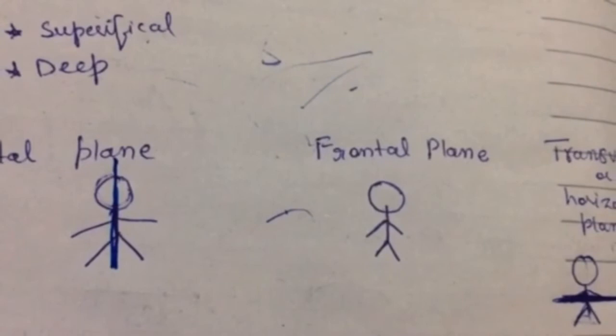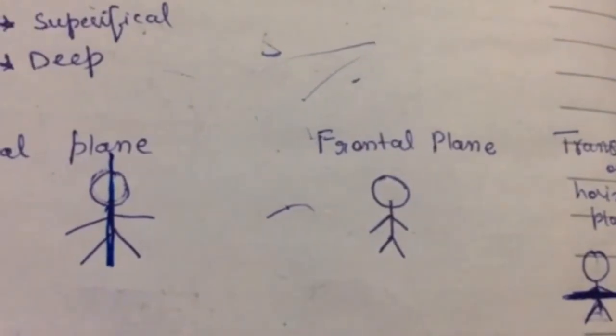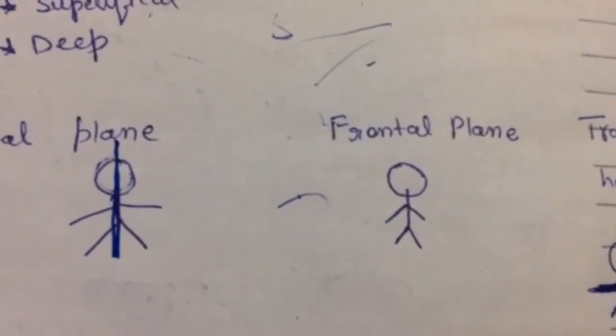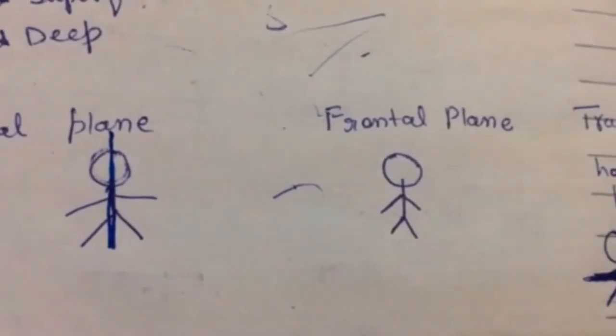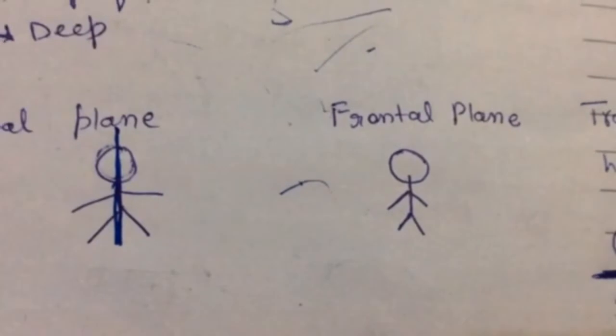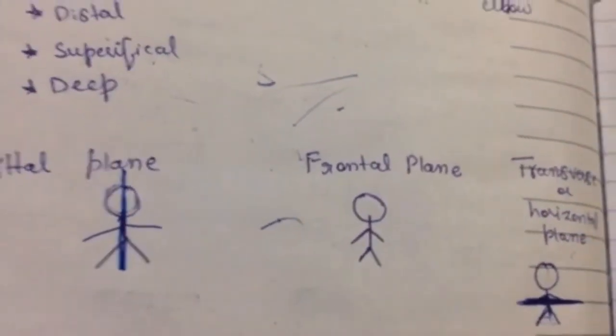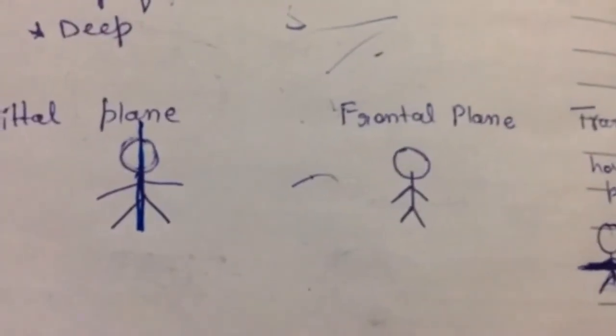These are the three types of plane movements with simple examples. Then we are going to see the axes that are included in the three planes.